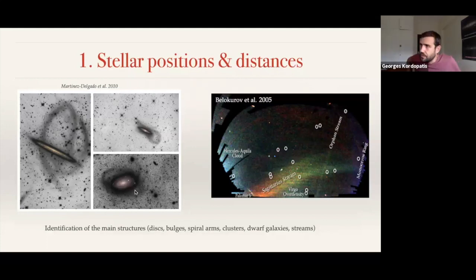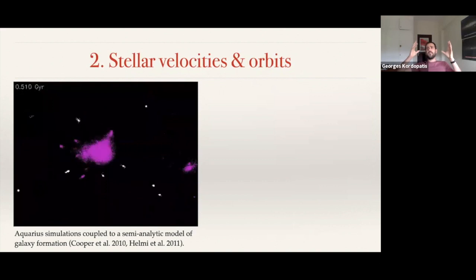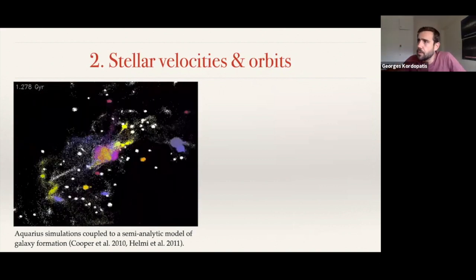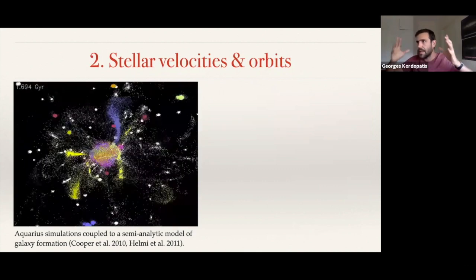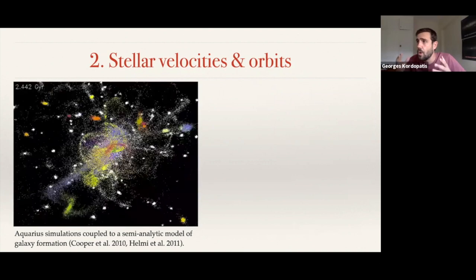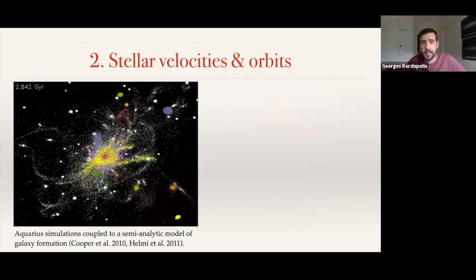So positions of stars can help us to identify the accretion events that are happening at present, right? And recent accretion events. However, if those accretion events happened many gigayears ago, the stars are completely dispersed in the sky, in the halo. And if you do not know where they come from, you cannot distinguish them.